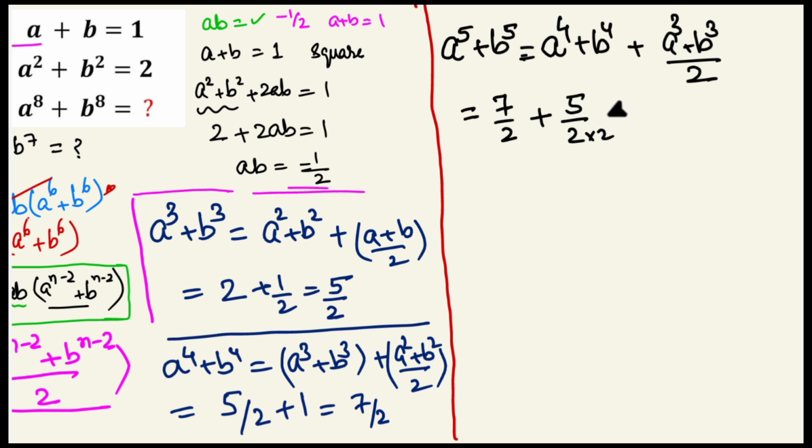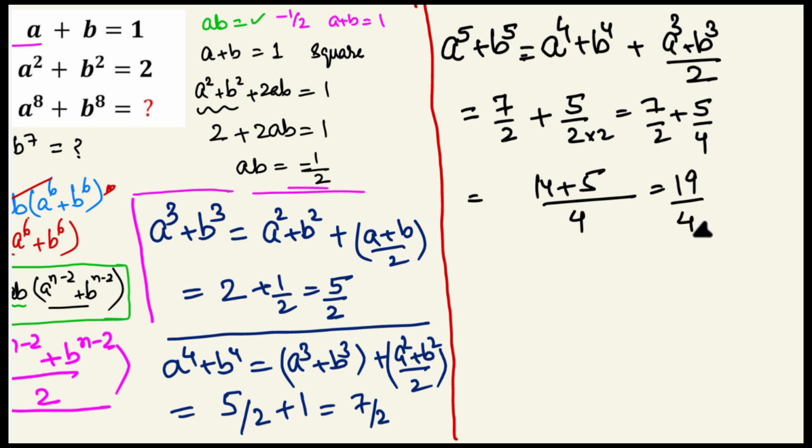This is 5 upon 4. So 7 upon 2 plus 5 upon 4. The value will be 19 upon 4.